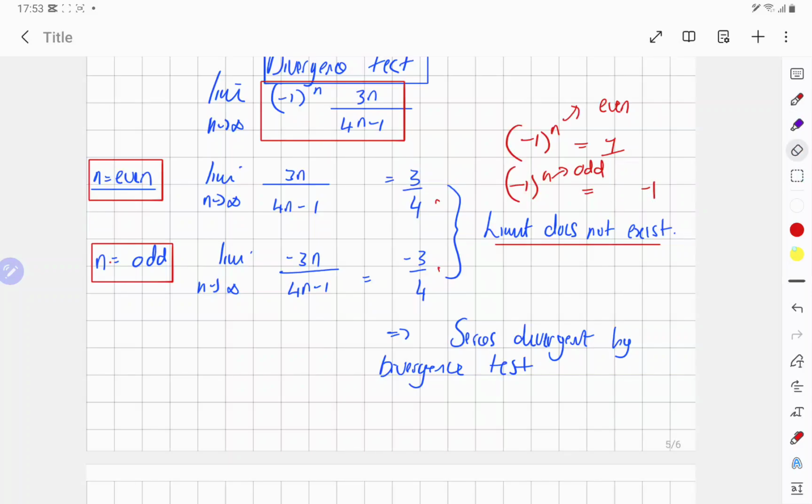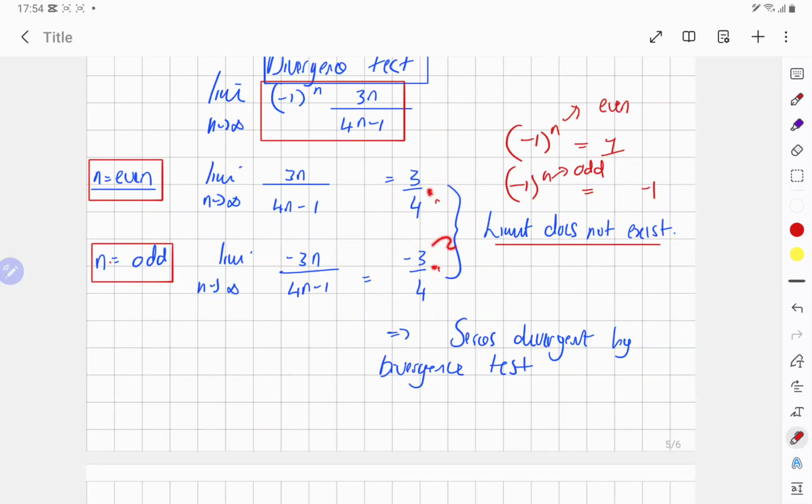Hence, why I have done this. If n is even, my minus 1 to the n is just 1. I just have this. Then from L'Hopital, I get 3 over 4. If my n is odd, I have minus 1. So then from L'Hopital, I get minus 3 over 4.